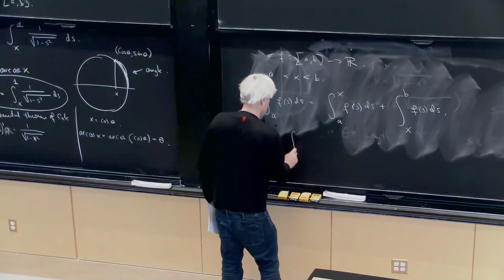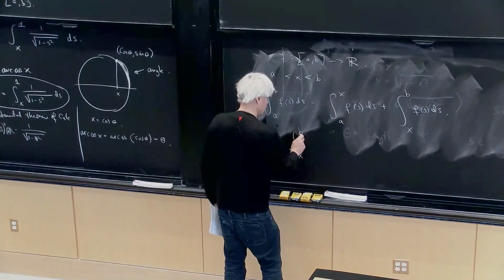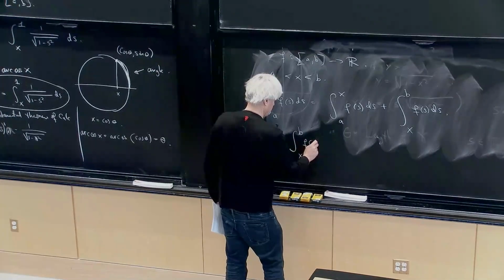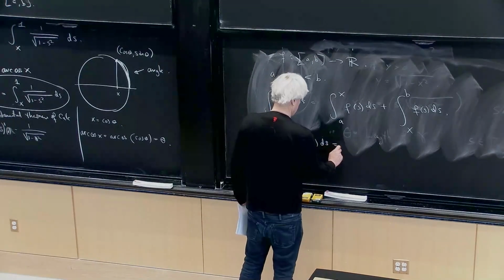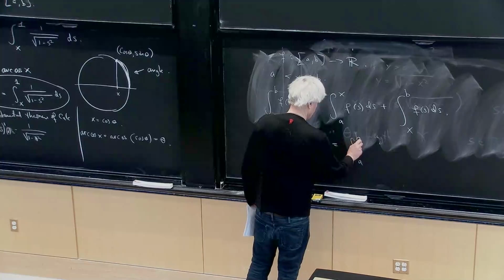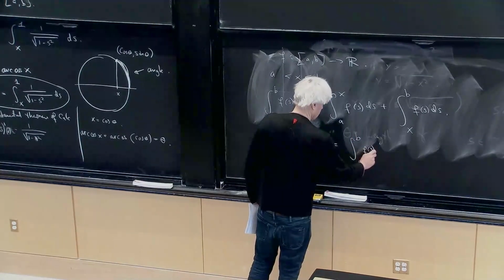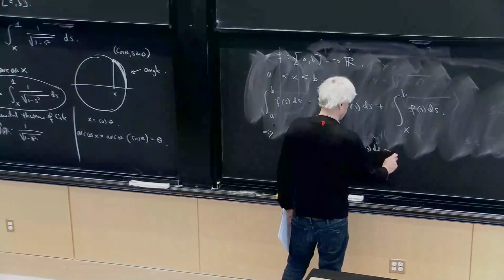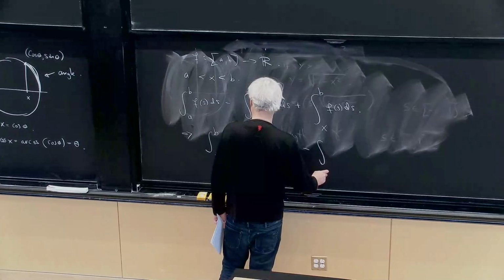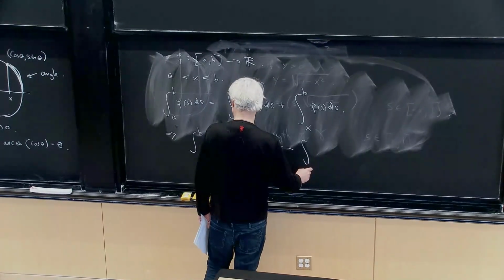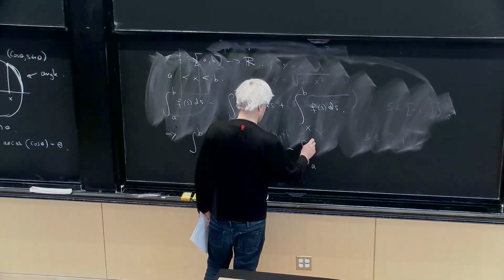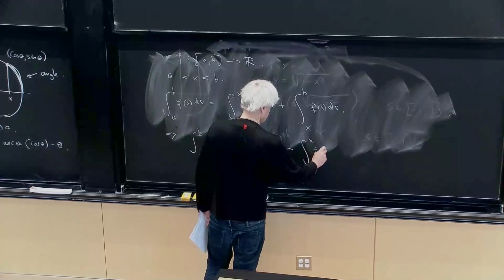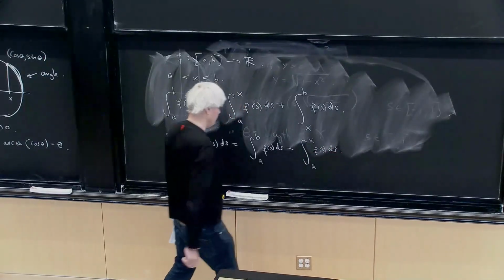So the integral from x to b of f of s ds is equal to the integral from a to b of f of s ds minus the integral from a to x of f of s ds.